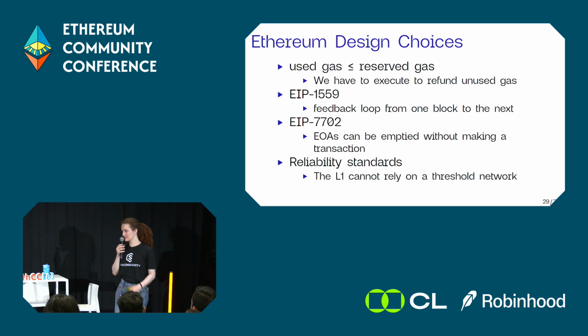And there are some attacks on encrypted mempools where you reserve the entire block, but you don't actually use it, and that just blocks everyone else. So this is a bit difficult to deal with. It also breaks a bit EIP-1559, which is the burn and the adaptive base fee, because you need a feedback loop from one block to the next to know how much gas was used, and you can't have that if all the transactions are encrypted.